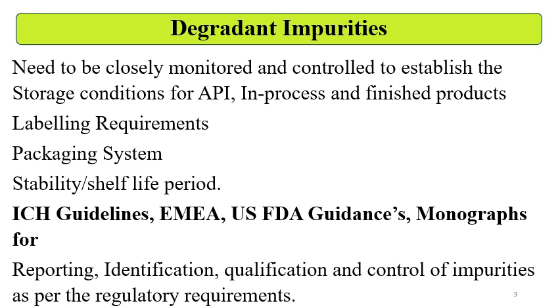If the drug substance is new, that means if it is not in a pharmacopoeial monograph, then directly the ICH guidelines can be followed. Some scientific literature, if it is available, can also be followed. And if the monograph is there, then the monograph is required to be followed, and as per the monograph, the impurities are required to be controlled.